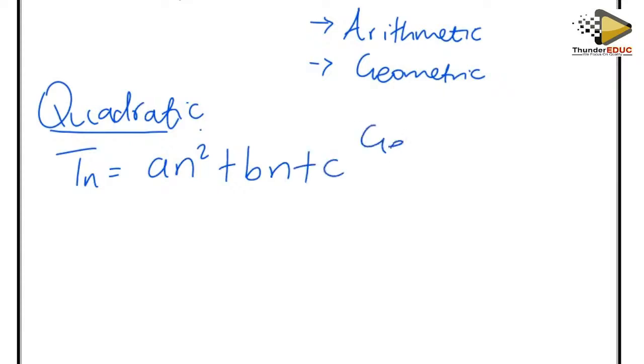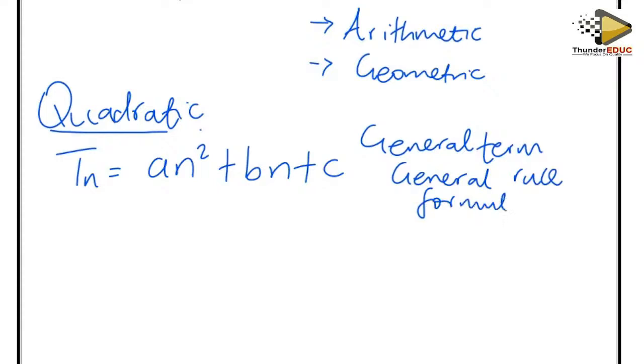The general term will also be called the general rule, or sometimes the formula for determining that particular pattern. What we know about the quadratic is that it has two differences.